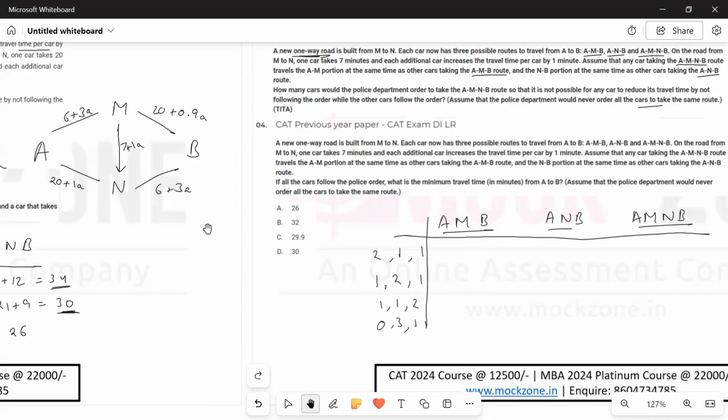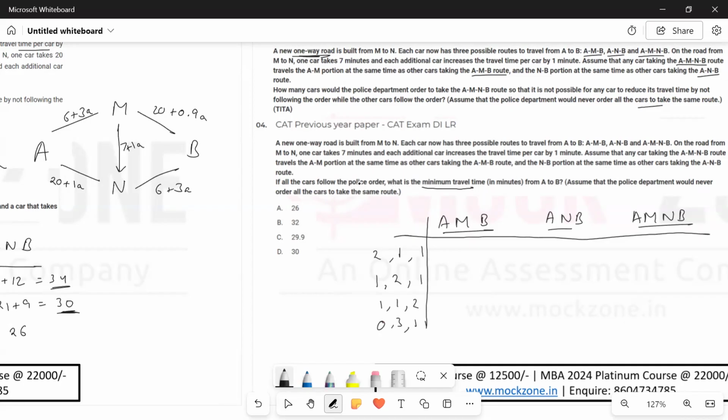For example, if we send three cars on A and B, and we are sending zero cars on the other route, then why won't any other car go on that route if it is empty? There is no other car traveling on it. So, of course, we have to create a situation where the police is dividing the cars such that people cannot reduce their time by not following the order.